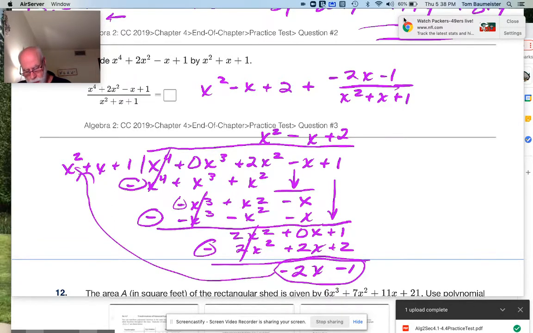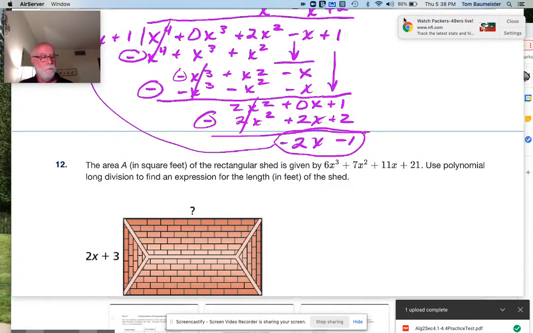All right. So almost done here. So the area A in square feet of the rectangular shed is given by 6x cubed plus 7x squared plus 11x plus 21. Use polynomial long division to find an expression for the length in feet of the shed.